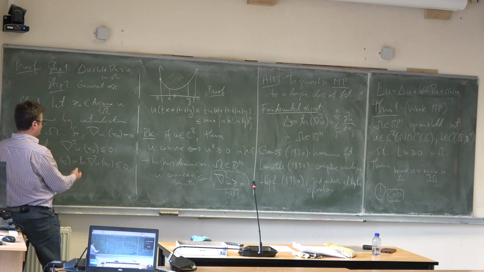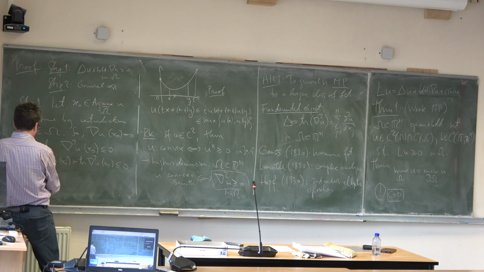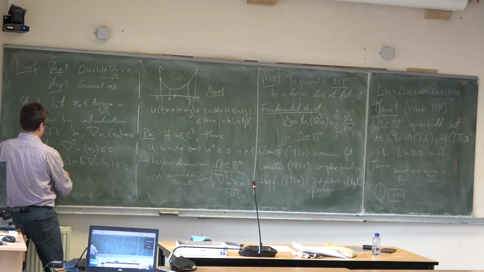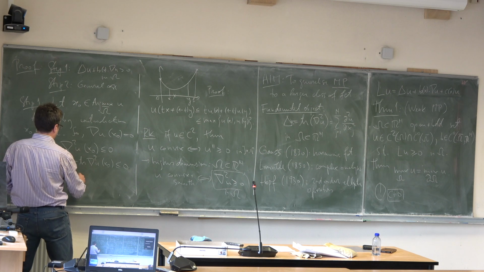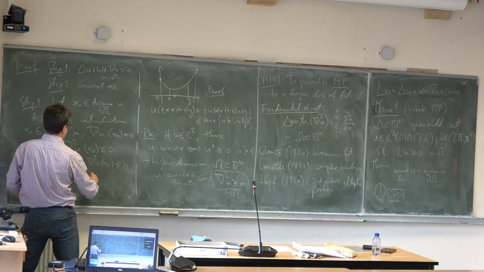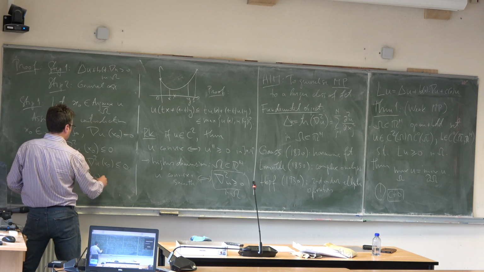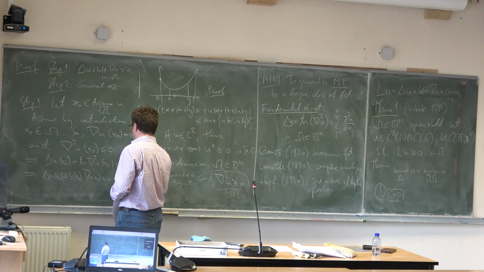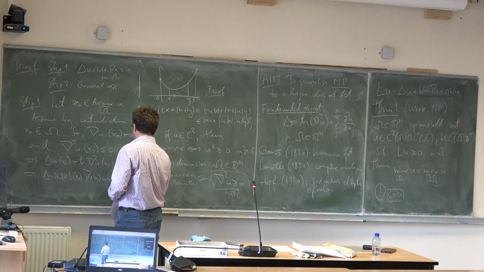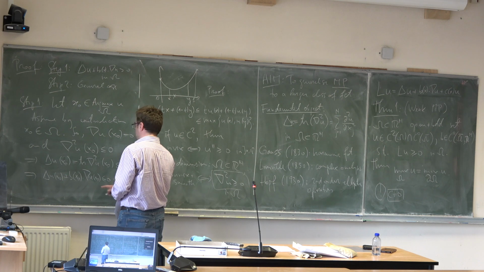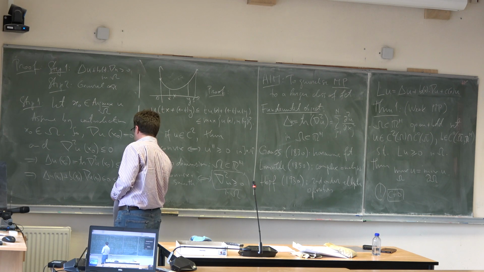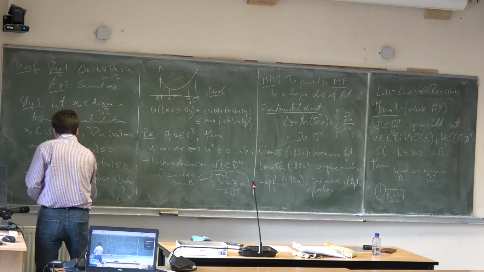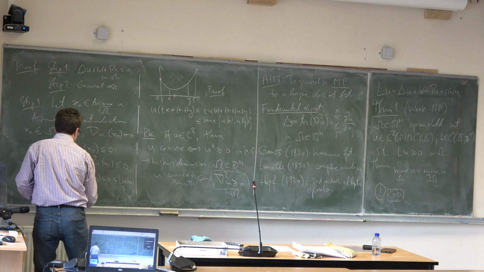But then you have a contradiction, because if you put everything together, this is less than or equal to 0, which is strictly less than your operator, what you assumed there. Again, C is 0, so that's a contradiction.